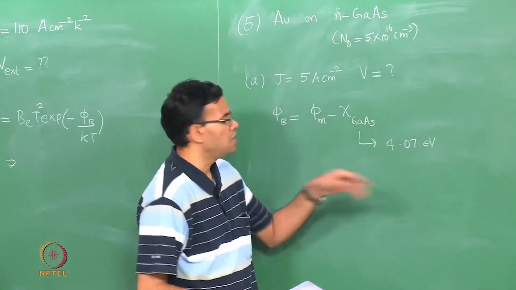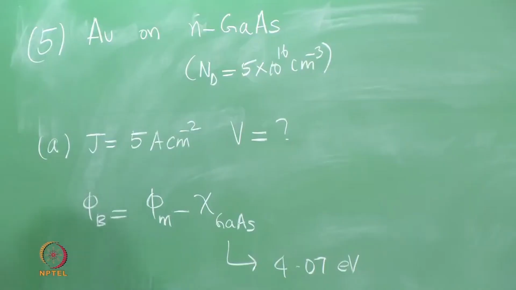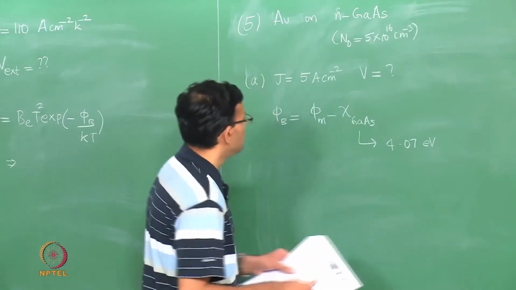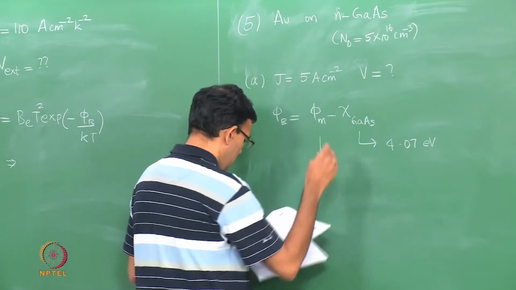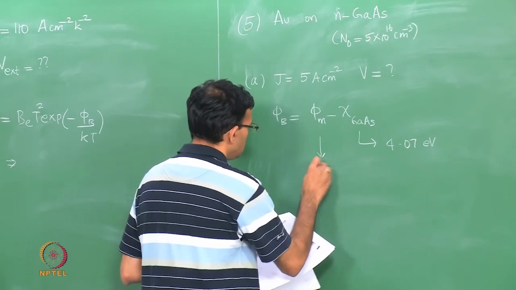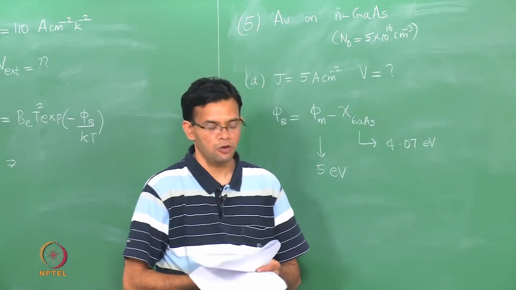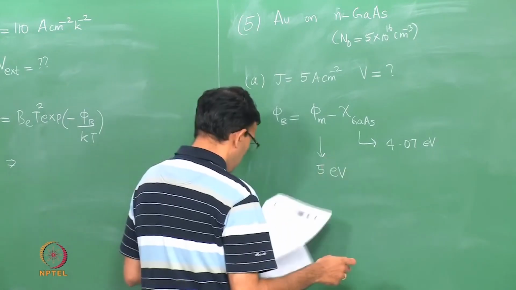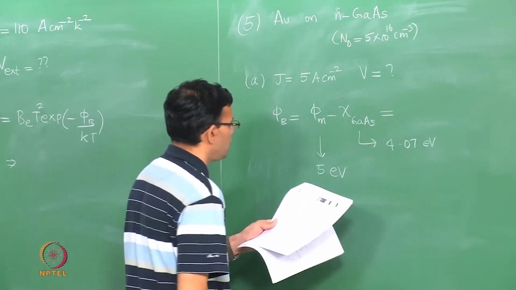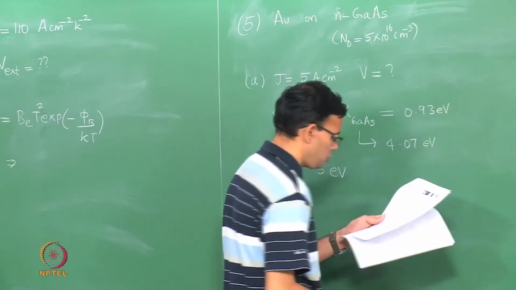We can still use the other values to calculate the contact potential, but as far as part A is concerned, the only thing we need to know is the electron affinity. Phi m is given to be 5 electron volts. This is the work function of gold. The electron affinity of gallium arsenide is known, so the theoretical barrier potential is nothing but 0.93 electron volts.